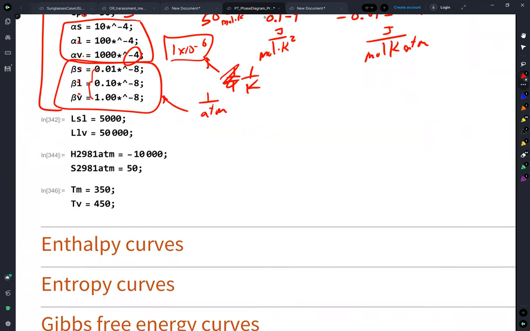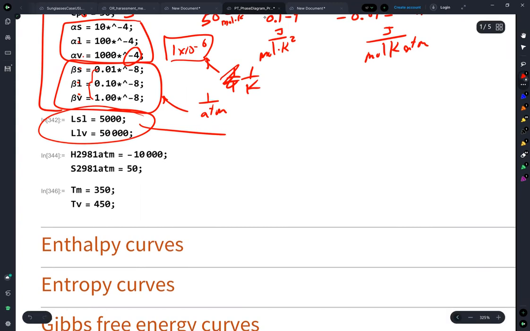Latent heats, again, about 1 order of magnitude different between them. Solid to liquid seems to range anywhere from 1,000 to 10,000, and vapor anywhere from 10,000 to 100,000.